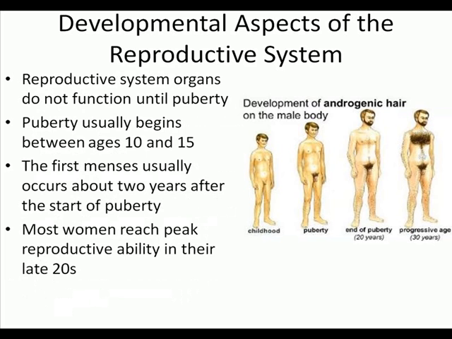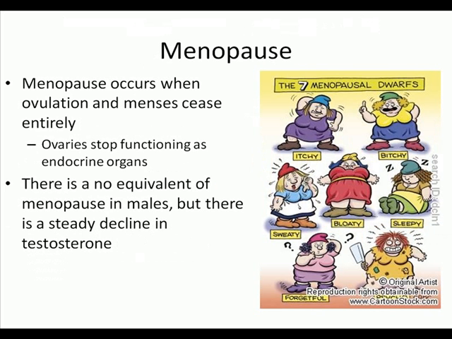The reproductive system organs are present but don't really function or mature until puberty, which can begin between the ages of 10 and 15. The first menses in females usually occurs about 2 years after the start of puberty, and most women reach their peak reproductive ability in their late 20s.